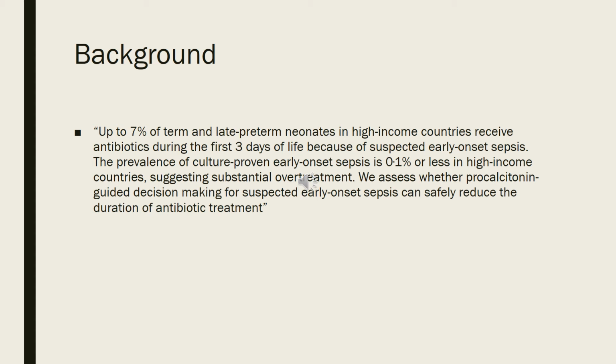So in this trial, they're looking at procalcitonin to see if that can be used to safely reduce the duration of antibiotic treatment and the overall use of antibiotics, that antibiotic stewardship that we stress a lot these days. So that's your background.